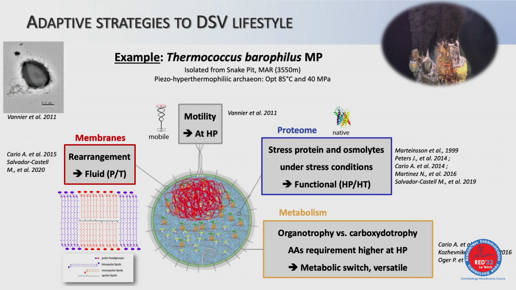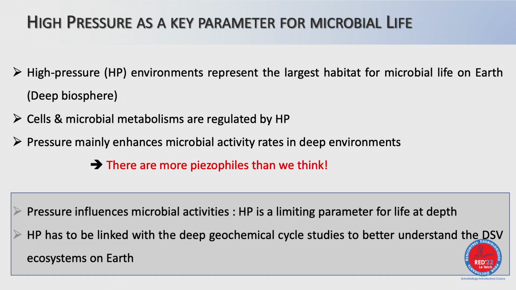So when we know more about those microorganisms living in extreme environments, we can wonder, is high pressure a key parameter for microbial life? We know that high pressure represents the largest habitat on Earth, so it's all the deep biosphere, all the oceans on Earth. And we know that in this deep biosphere live the majority of microorganisms on Earth, so they all live under high pressure conditions.